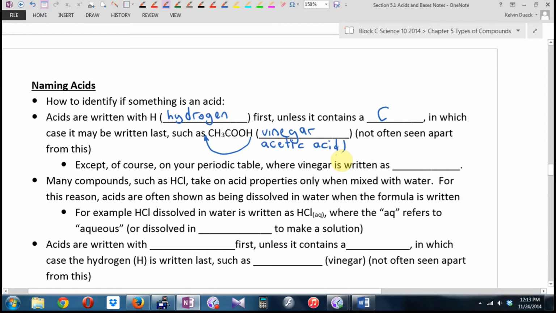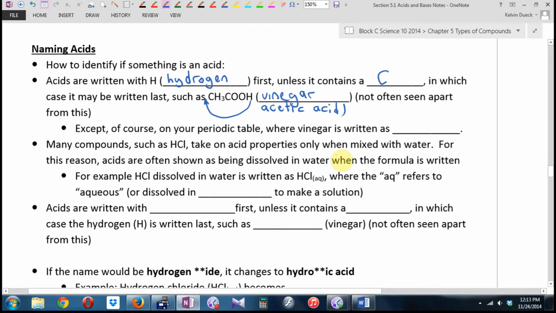Okay? So on your periodic table, if you didn't bother looking, in the top right, I listed, how many acids did I give you there? Four. The four most common ones. This year, aside from chaku, vinegar, acetic acid, you won't see any other acids beginning with a C, with the H on the end. So I wrote, not often seen apart from this.